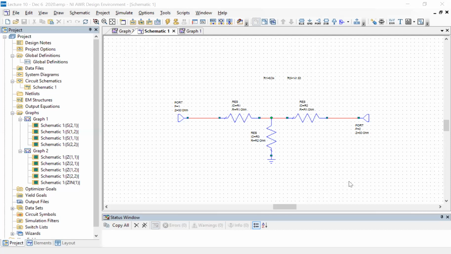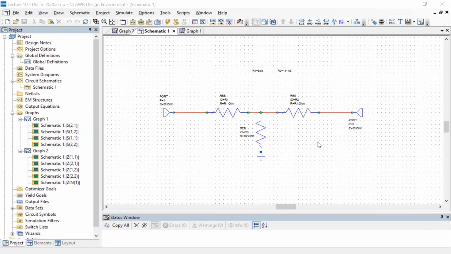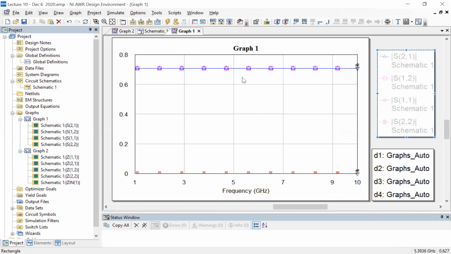Okay, so this is again the T network we had. I think this was for a 3 dB attenuator. And we, of course, looked at the S matrix as well yesterday. So this is the magnitude of the transmission coefficient. It's 0.7.